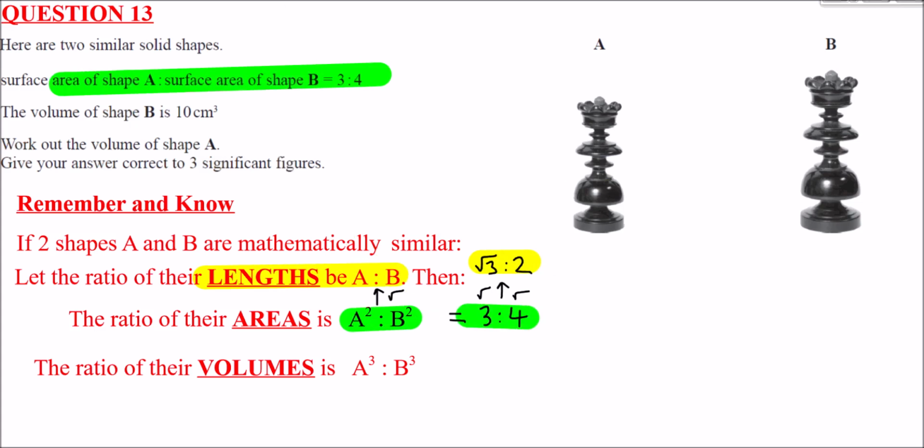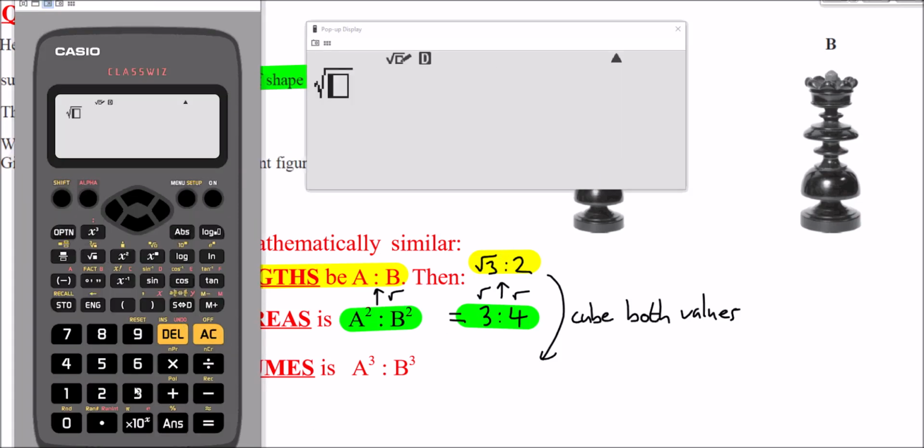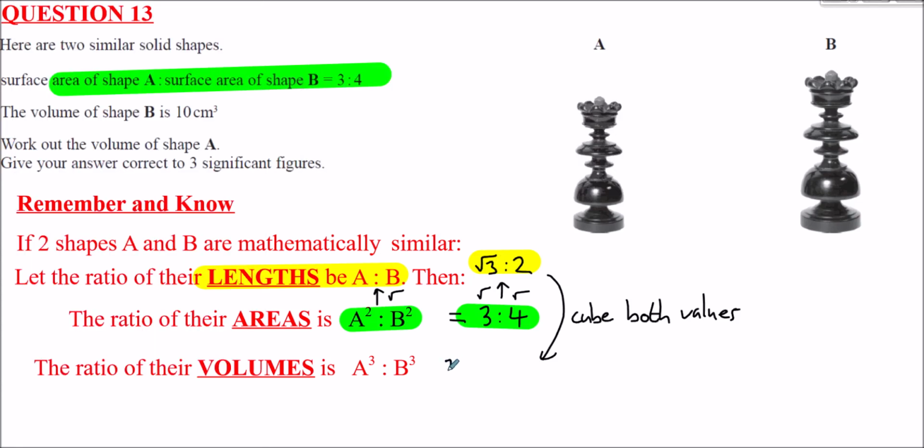Now, to go from a to a cubed, or from b to b cubed, we need to cube both numbers. So the volume ratio, root 3 cubed, let's work that one out. So root 3, press cube, equals 3 root 3, and 2 cubed is 8. So the volume ratio of these two is 3 root 3 to 8.